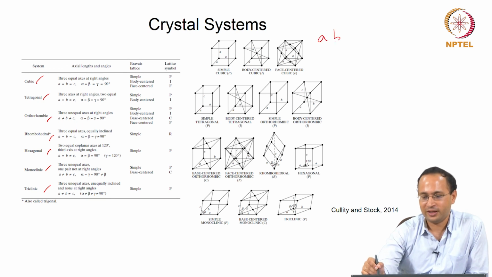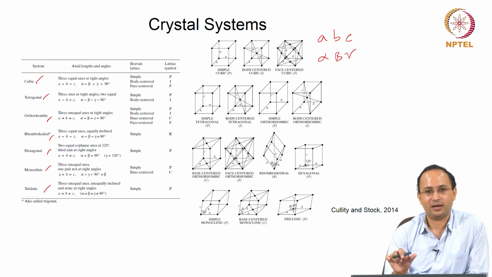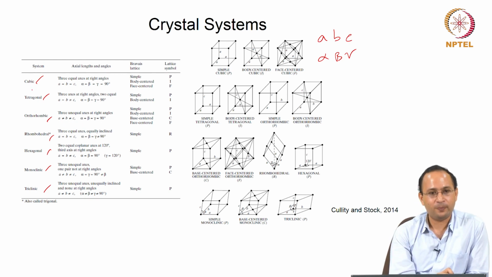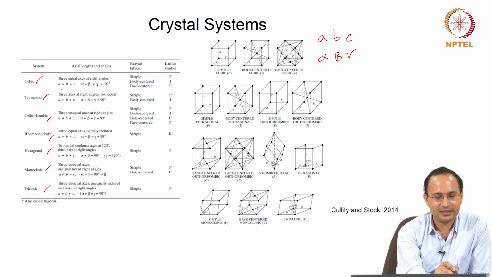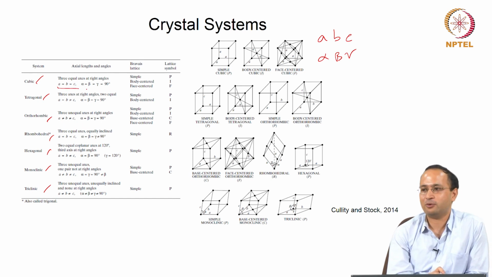See how we defined the lattice: a, b, c, alpha, beta, gamma. a, b, c are the lengths along the a, b, c axes and alpha, beta, gamma are the interaxial angles. So for example a cube has 3 equal axes at right angles. So a equals b equals c, and alpha equals beta equals gamma equals 90 degrees. That defines a cubic system.